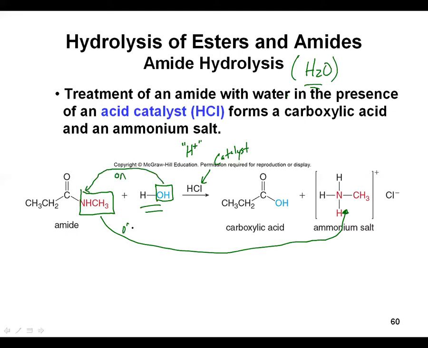When the OH comes on from the water, it basically makes a carboxylic acid. And if you just count up everything, you've got 1 carbon, 2 carbons, 1 carbon, 2 carbons; nothing has changed. Carbon-oxygen double bond, carbon-oxygen double bond. And the only thing that we put on there was the OH group that came from our water. Now, what's left is how we build the salt part of it.